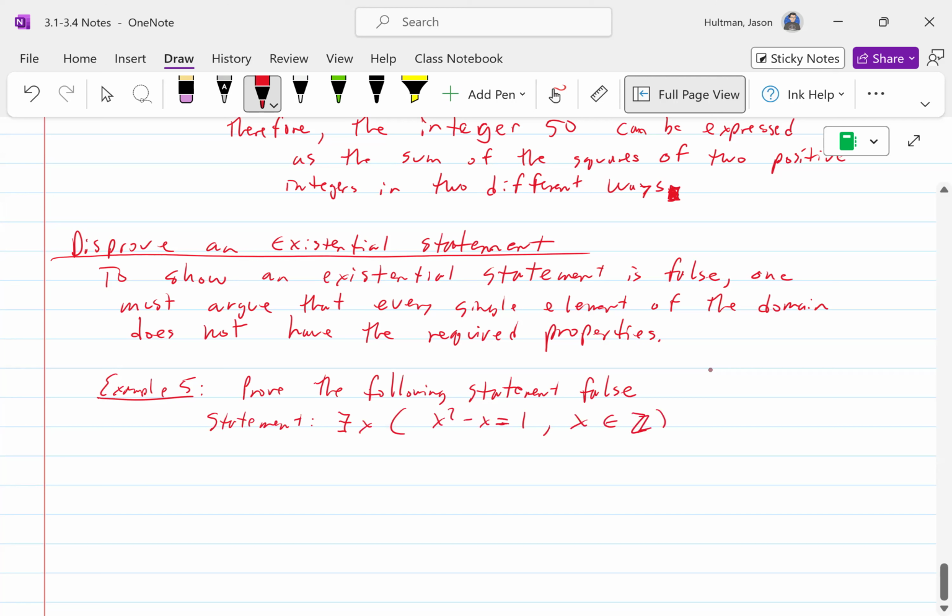Okay. So we just have to show that no x exists where this would be true. Okay.